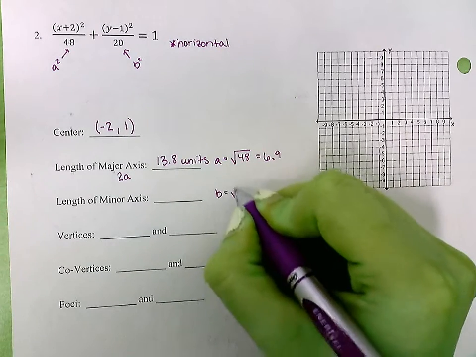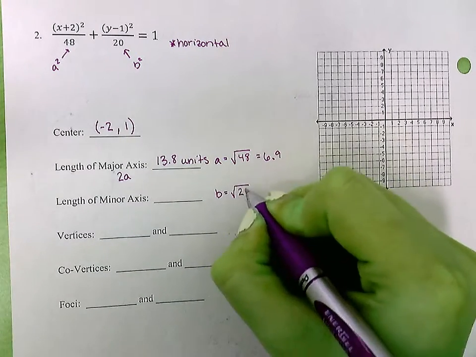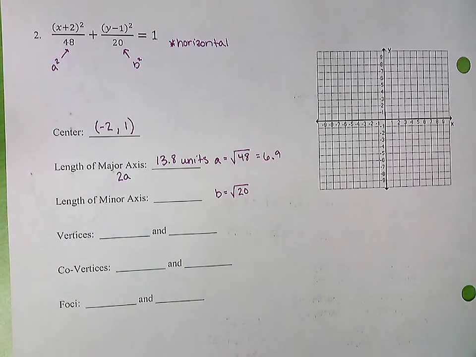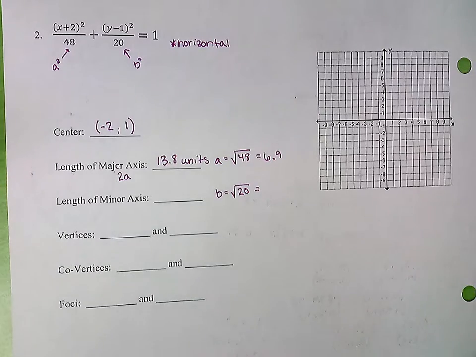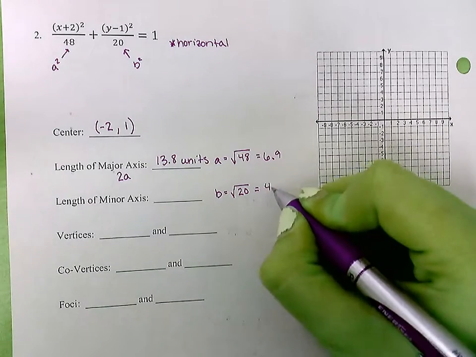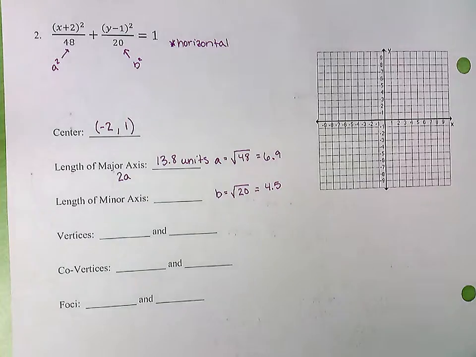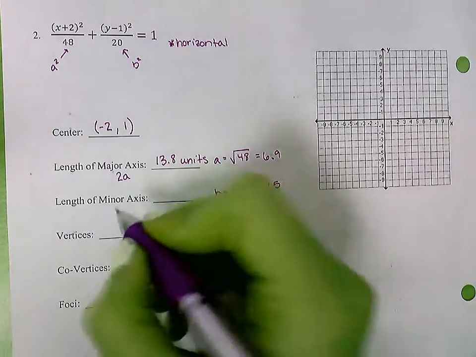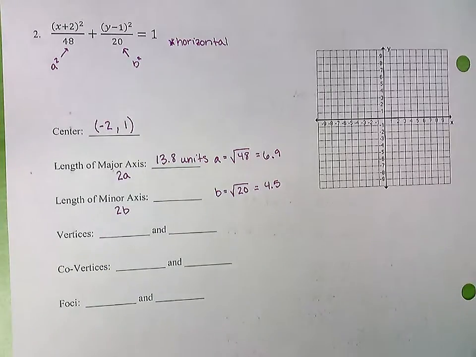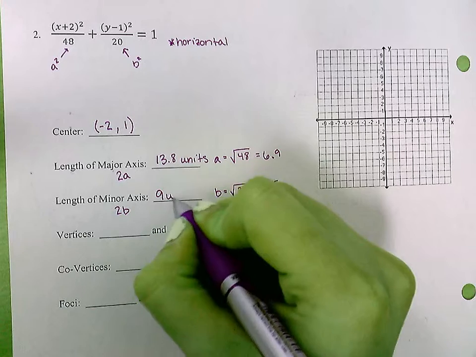To solve for b, you're taking the square root of that second number, which is 20. That will be about 4.5. So to find our minor axis, we're going to take 2 times b, and that will be 9 units.